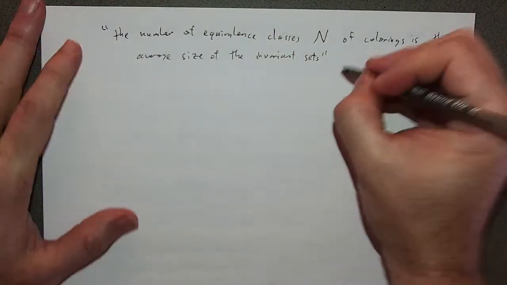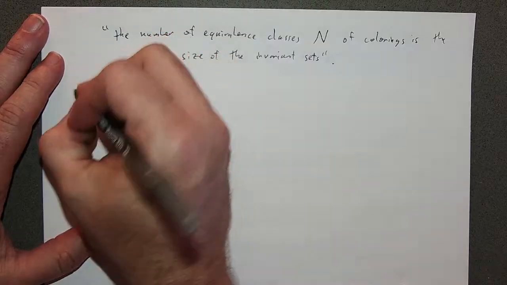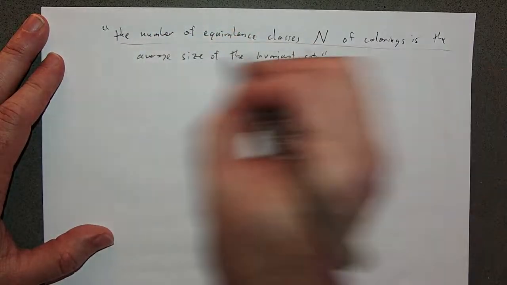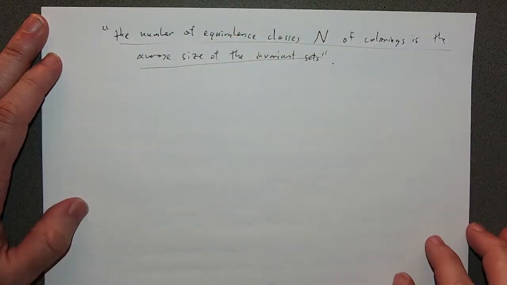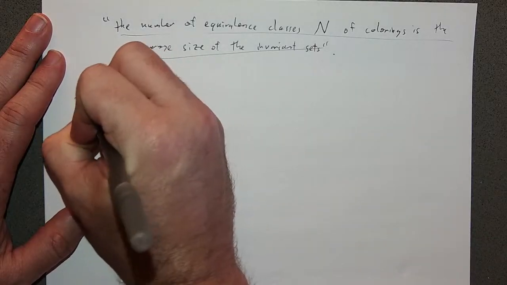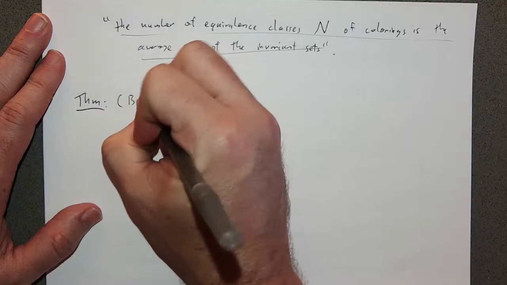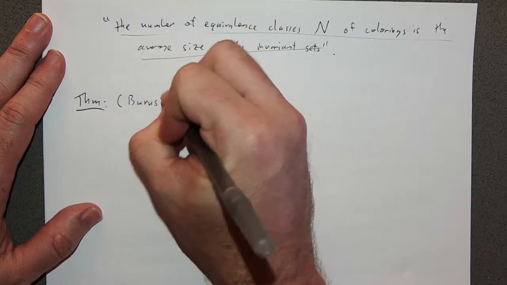So remember, we defined what an invariant set on a coloring was. So this fact is called Burnside's lemma in our context. So we'll call this a theorem, which is popularly called Burnside's lemma.